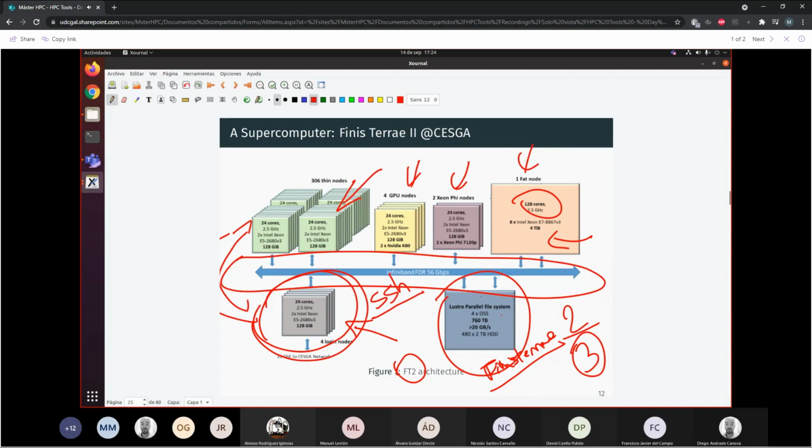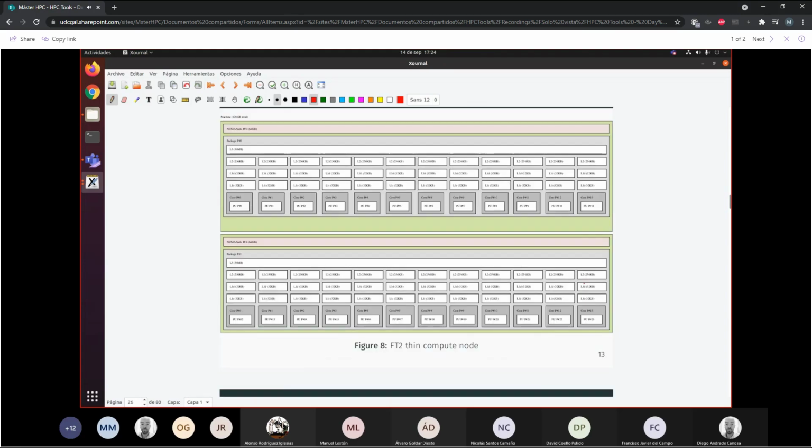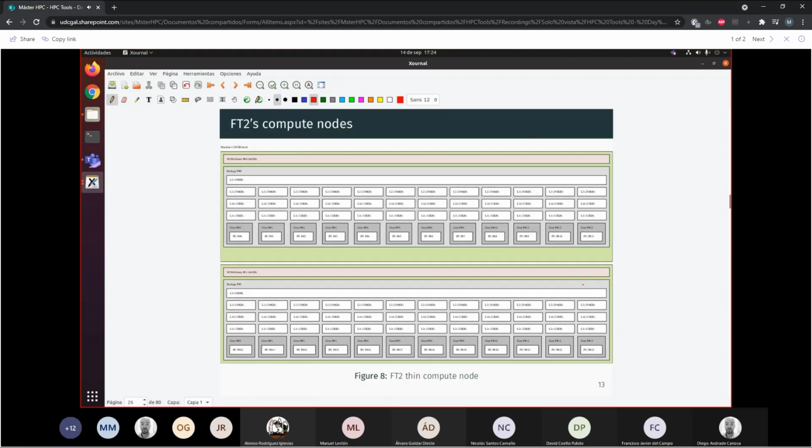What you can see is that we have 12 cores in one processor, and as you can see, each core has two levels of cache memory which are private to each core.